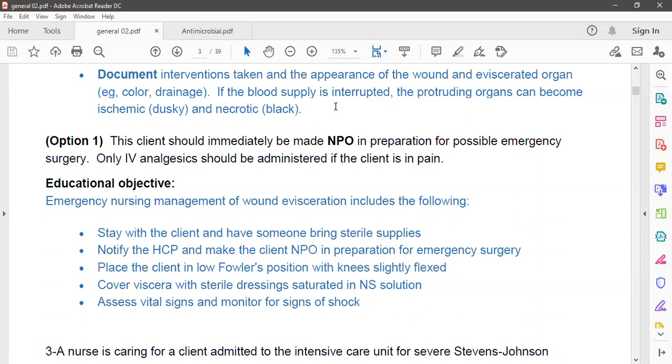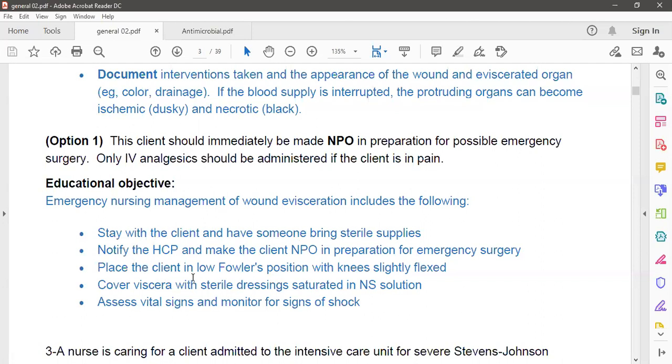But we can administer IV analgesia, right? In short, what we discussed here and what our education objectives are in case of any emergency management in a scenario like this: stay with your client and have someone bring the sterile supplies, notify the healthcare provider, and make the client nothing by mouth, preparing for any kind of emergency surgery.